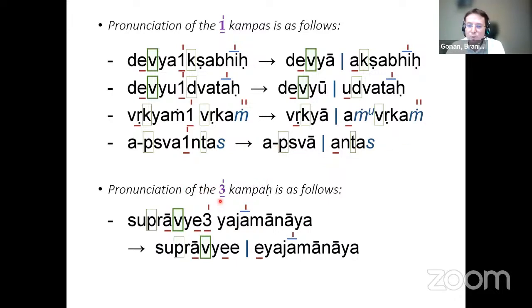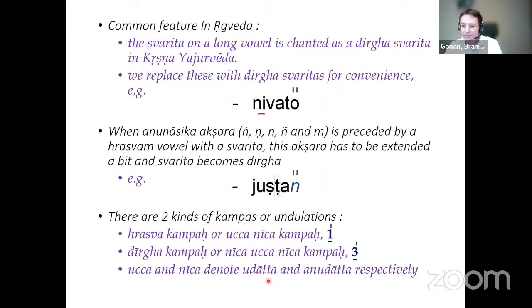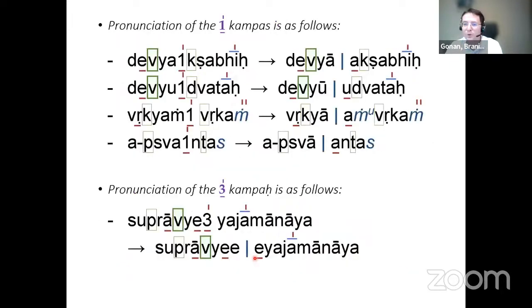Good. And then this is nicha, ucha, nicha, which means anudata, udata, anudata. So this third undulation change is marked with the number 3, and it is chanted supravye.